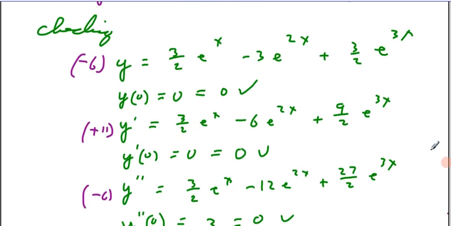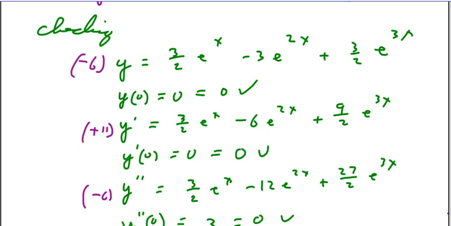So we're going to do it one more time. Minus 6 times 3 over 2 plus 11 times 9 over 2. Oh, last time I put in minus 11, that's the problem.